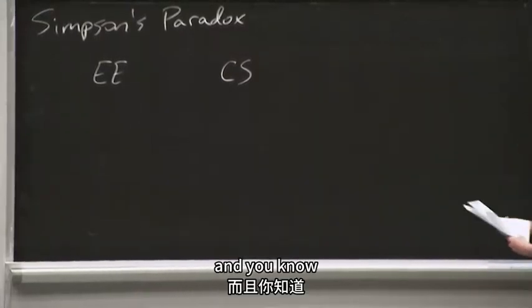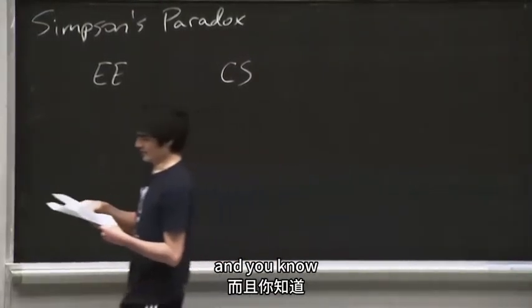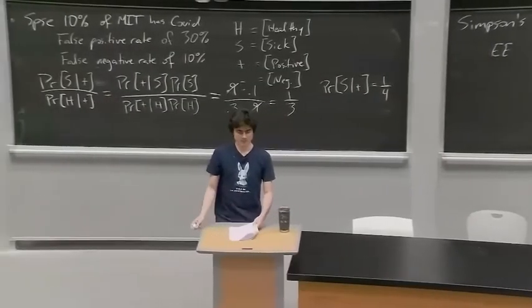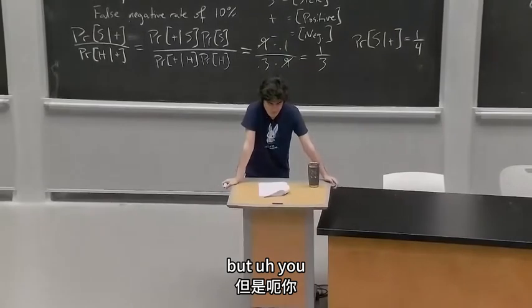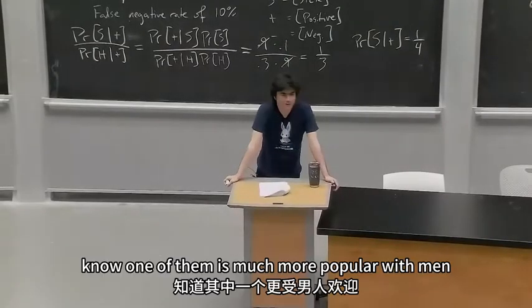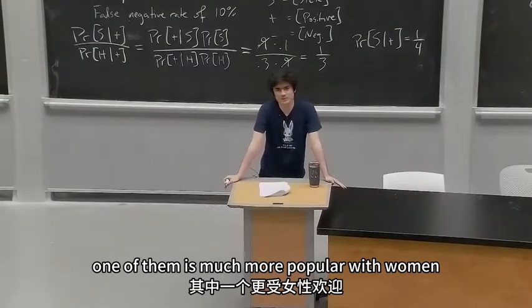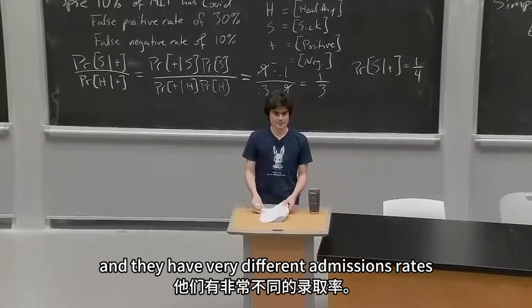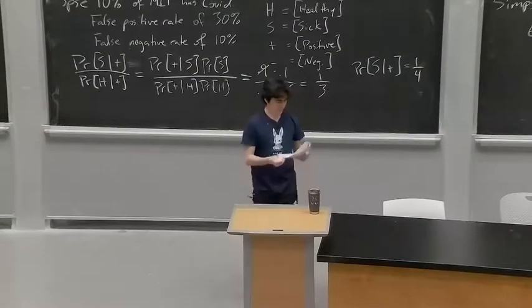Right? And maybe both of them mildly favor women, okay? But one of them is much more popular with men, one of them is much more popular with women, and they have very different admissions rates, generally. Okay?